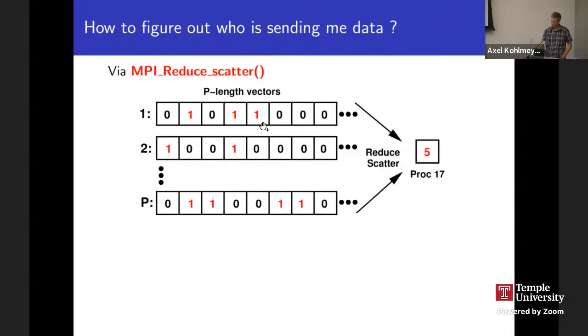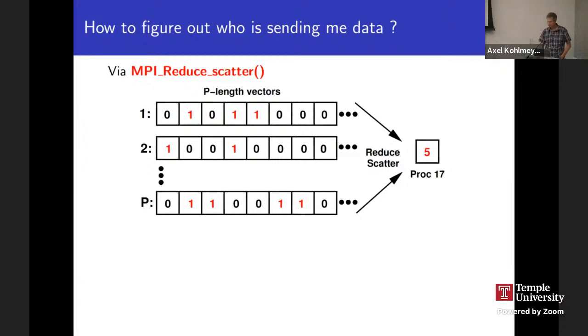So for processor 17, it would be the 17th value in all of these vectors summed up to a number. In this case, it would mean processor 17 was flagged as a sendee, being sent to by 5 other processors in those vectors.